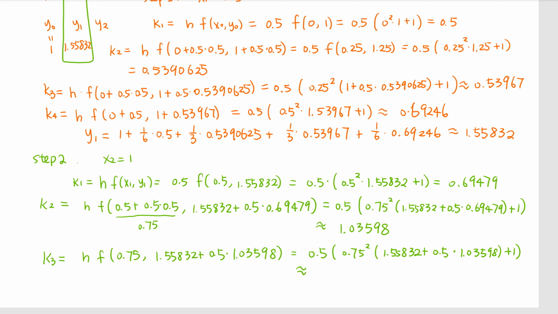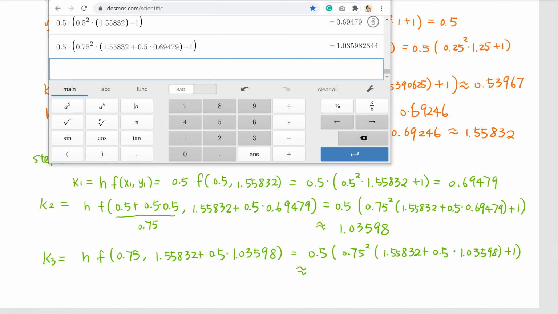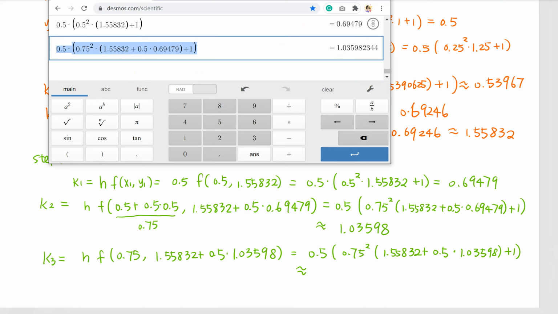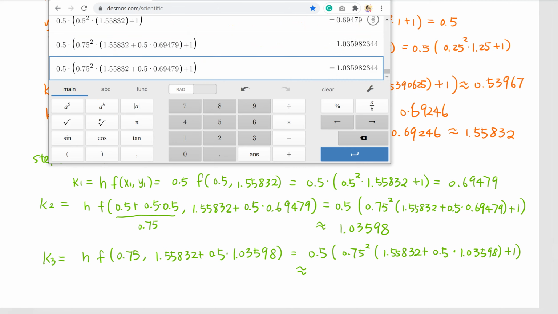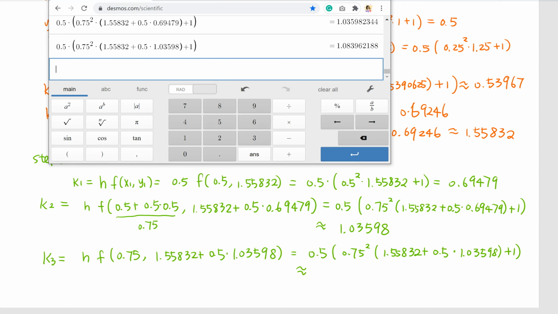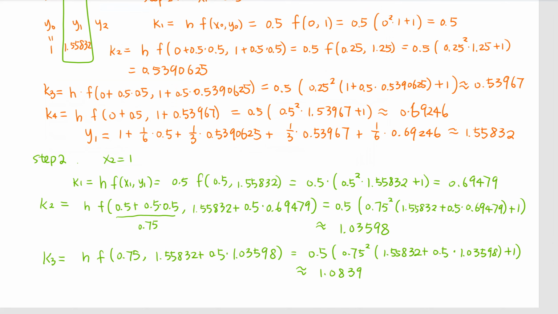Okay, what is that number? Alright, so it's almost the same. So we can go back to the previous line and change that number to 1.03598. Okay, so we get 1.08396. 1.08396. So far so good, everybody?